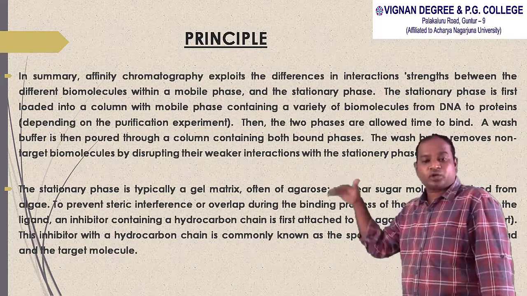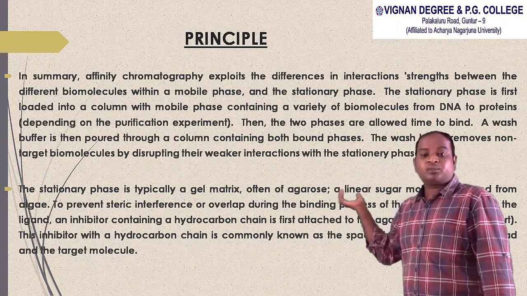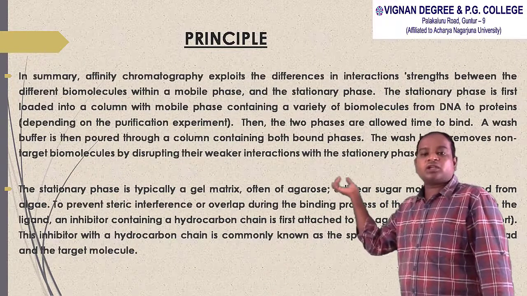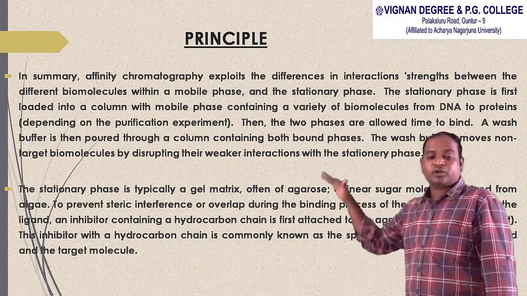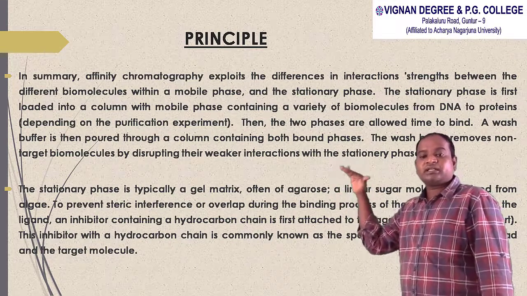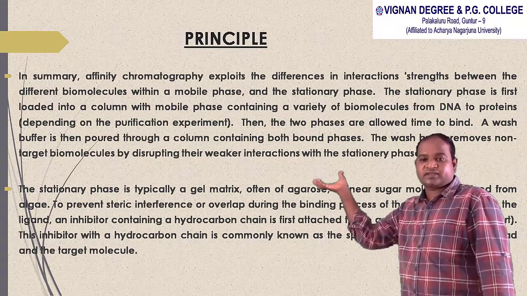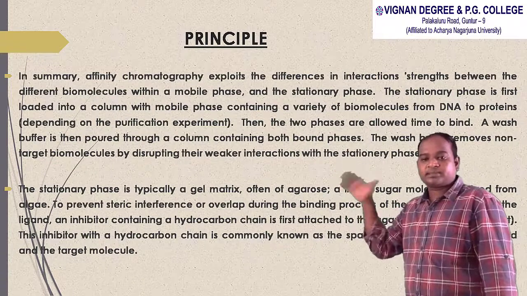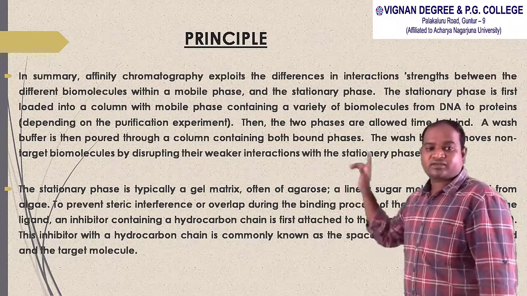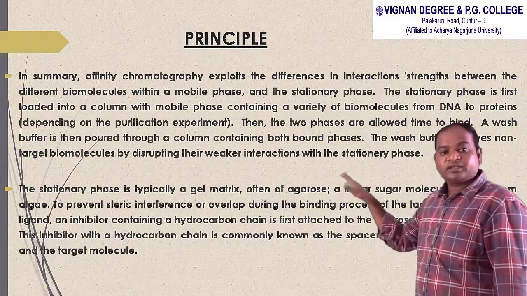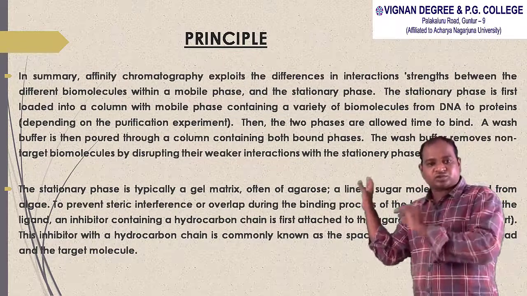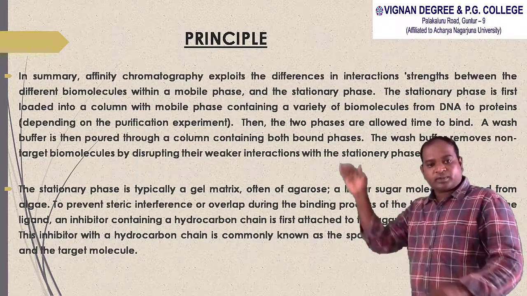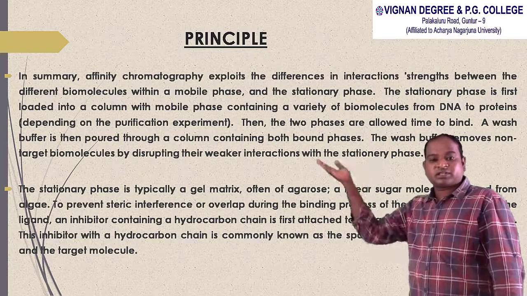For example, if you are going to separate the enzyme, you put the substrate on the stationary phase. If you are going to separate the hormone, you add the receptor to that stationary phase. In this way, we separate the molecule. The stationary phase is first loaded into a column with the mobile phase. The mobile phase is nothing but a solvent.